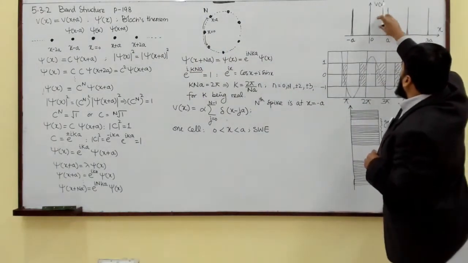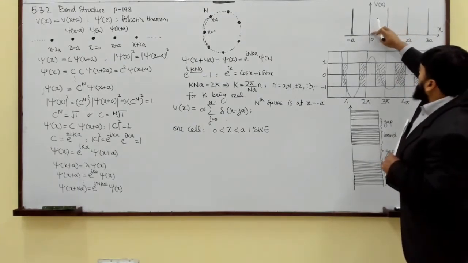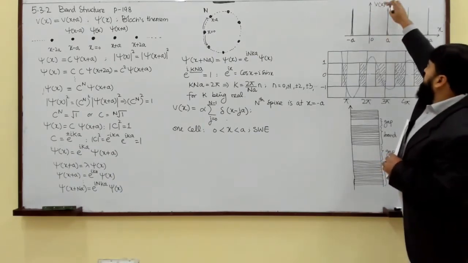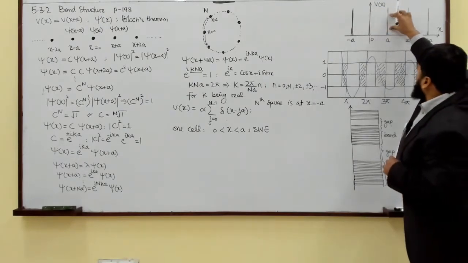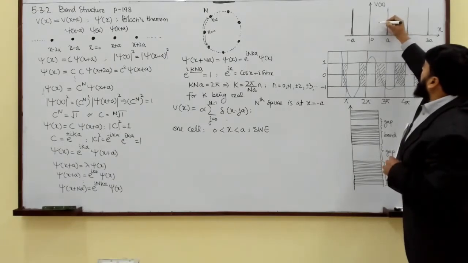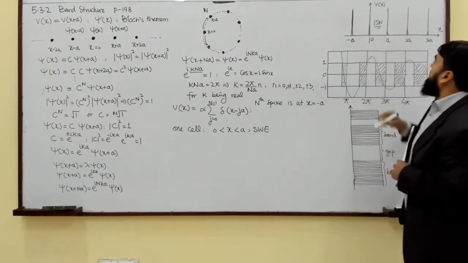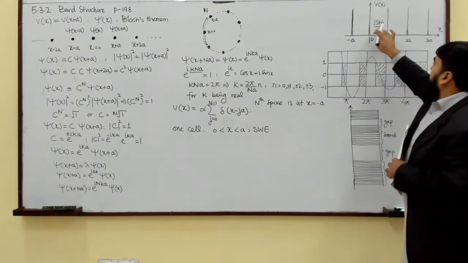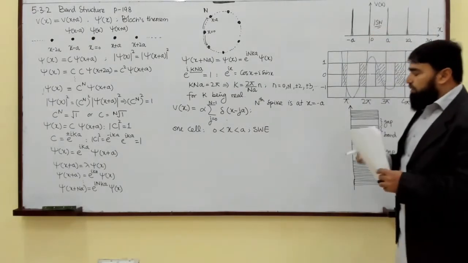We are in this block here, and here the potential is a spike. This spike is going to infinity, too high. This is the Dirac delta function, and this is another spike, also going to infinity. So we are in the regime of an infinite square well here, which we solved earlier. So if I solve for this block, I can apply it on the rest of the blocks.